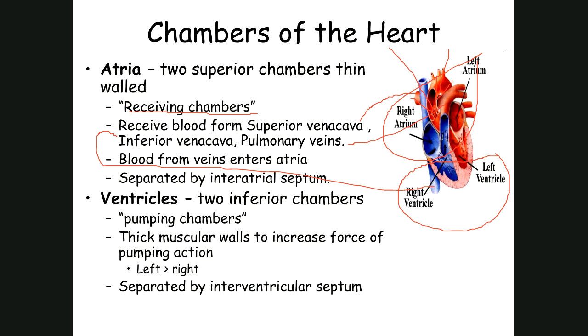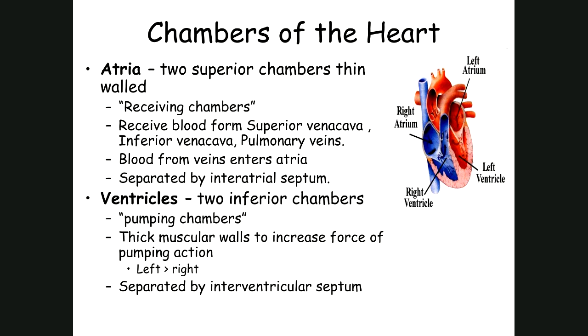Okay. Next, what are ventricles? The ventricles are here in the lower part. How many ventricles? Two inferior chambers. Inferior means in the lower part. What will they do? They will do the pumping action.